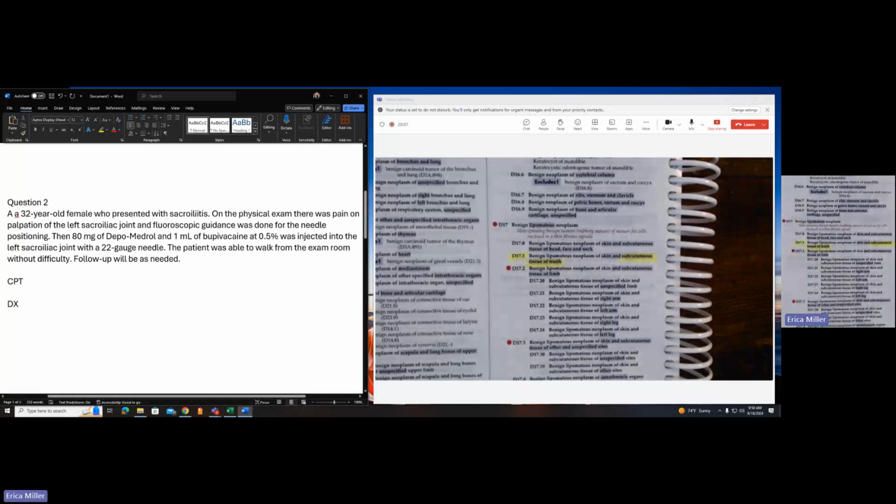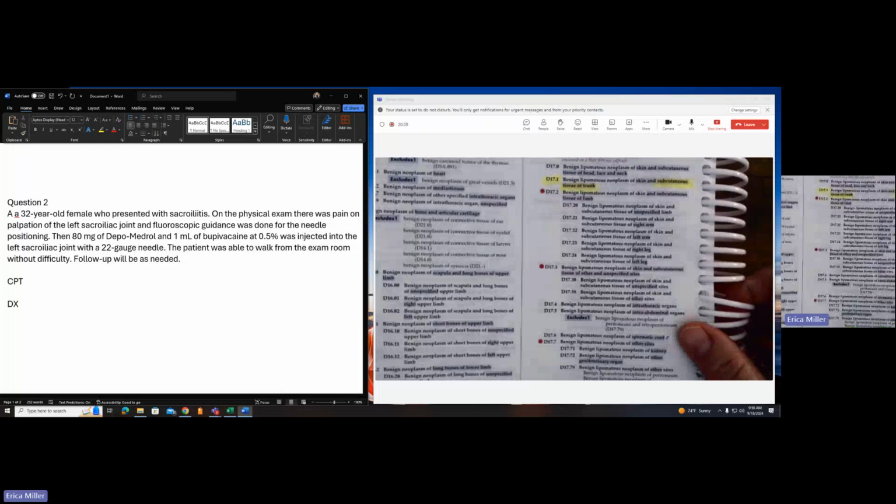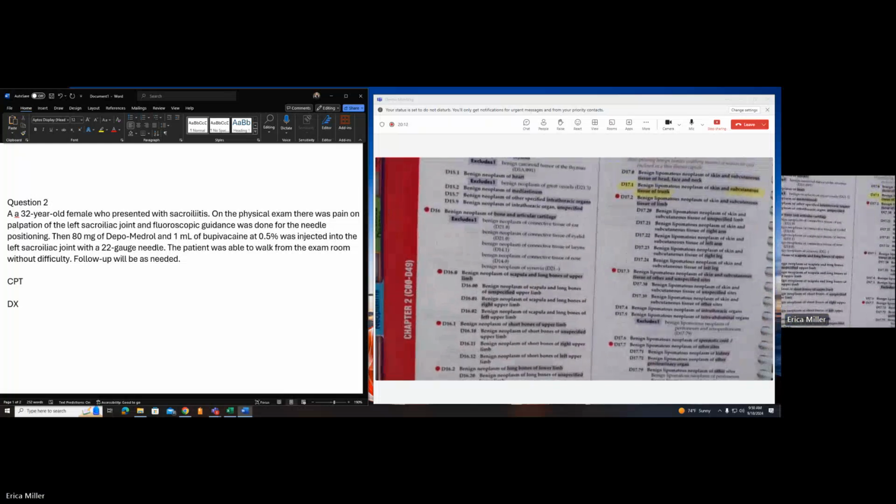All right, let's look at our next operative report. A 32-year-old female who presented with sacroiliitis. On the physical exam, there was pain on palpation of the left sacroiliac joint, and fluoroscopic guidance was done for the needle positioning.